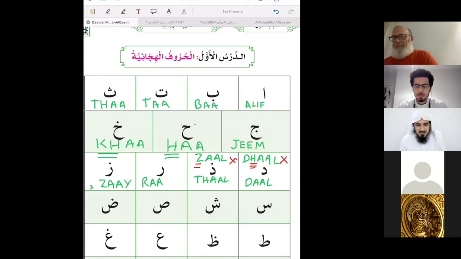Alif, Ba, Ta, Tha, Jim, Ha, Kha, Dal, Zaal, Raa, Zaay. Alif, Ba, Ta, Tha, Jim, Ha, Kha, Dal, Zal, Ra, Zai.